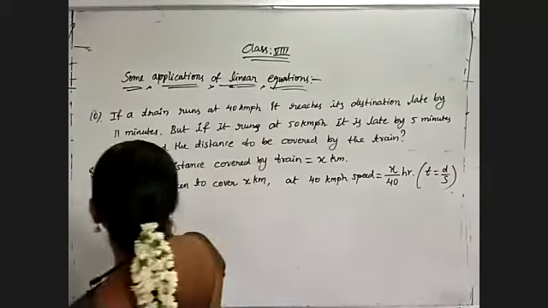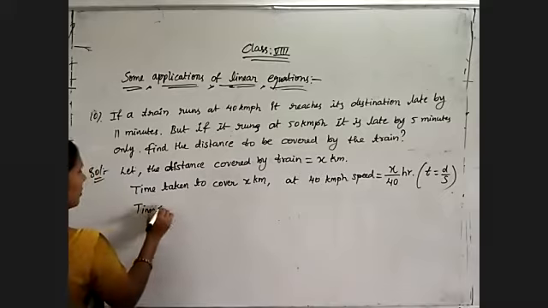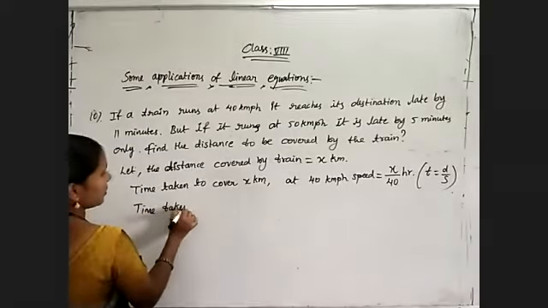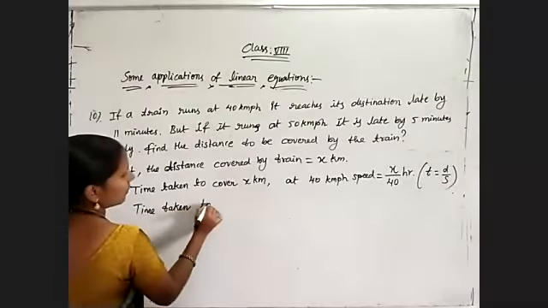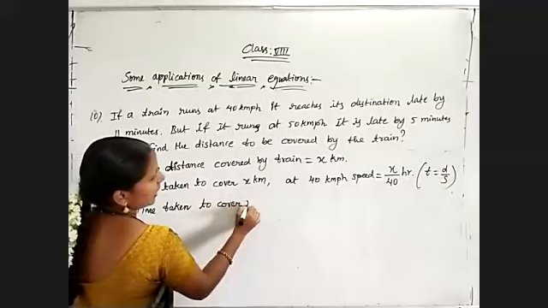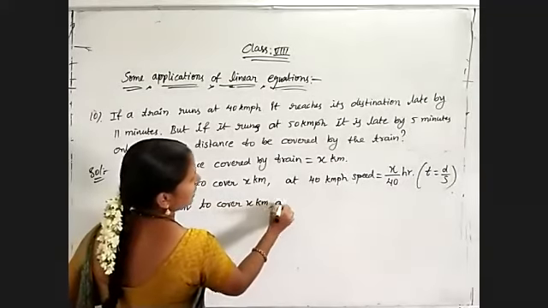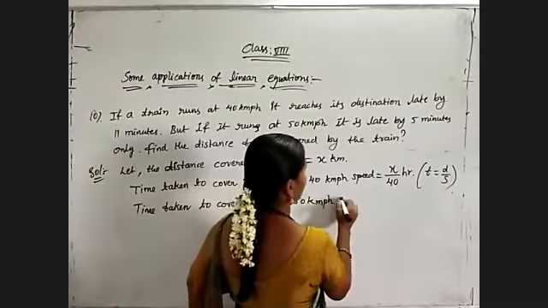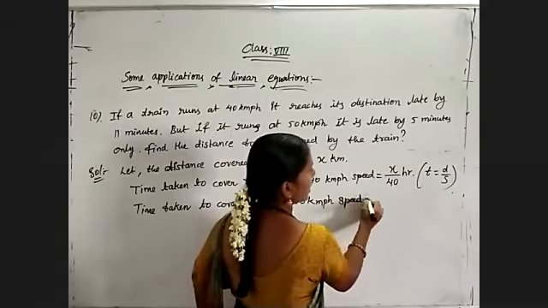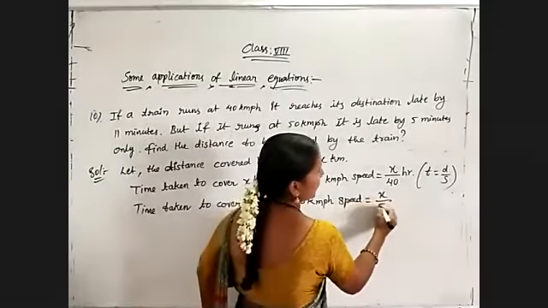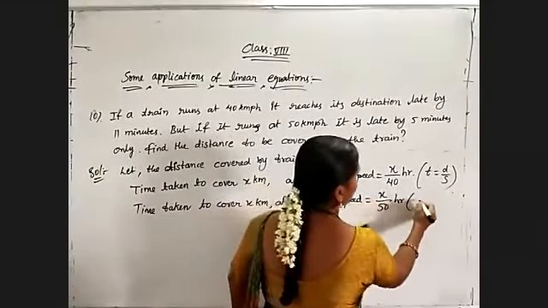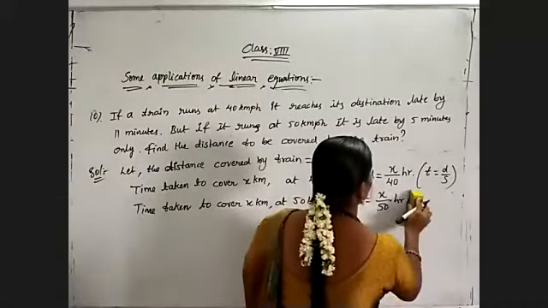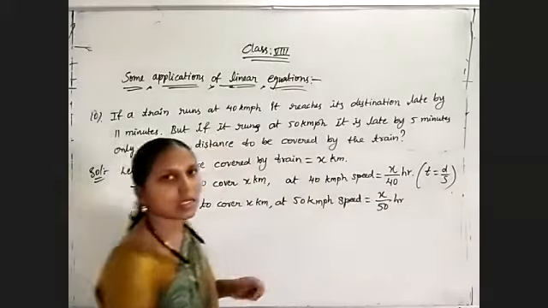Now, time taken to cover X kilometers at 50 kilometers per hour speed is equal to X by 50 hours. So that is again time is equal to distance by speed.